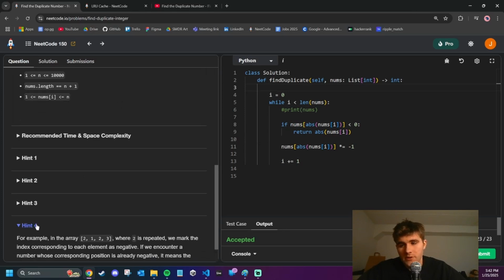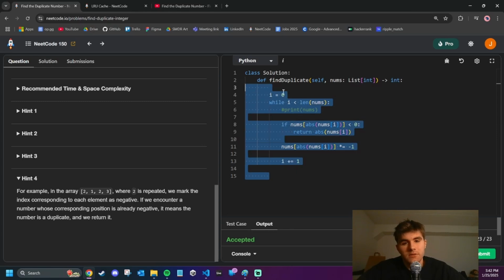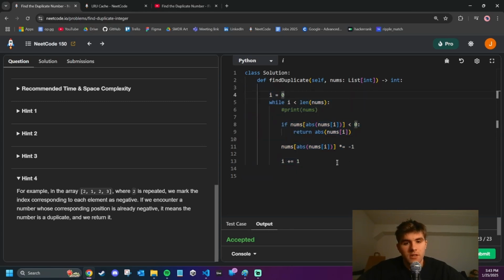The real solution, it's called like Floyd's algorithm or something like that, and you basically detect if there's a cycle, and you go to the index of whatever number you're on, and then you detect if there's a cycle. But yeah, so I wish I was getting these quicker, and I wish I was understanding them more.